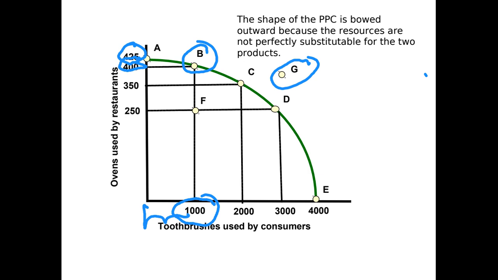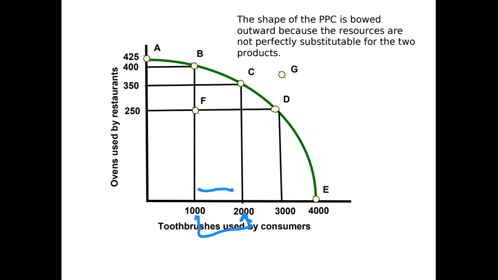If you understand this, then what is the opportunity cost of producing 1,000 additional toothbrushes? That is, if you move from 1,000 to 2,000, you move from B to C. Moving from B to C means you are moving from 400 to 350.